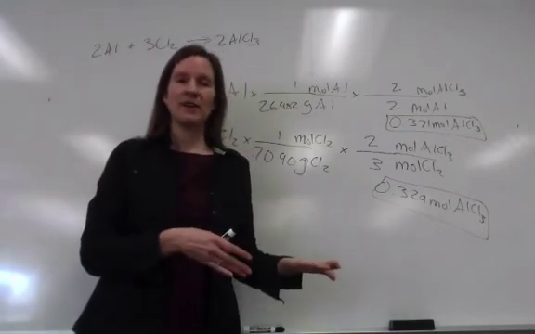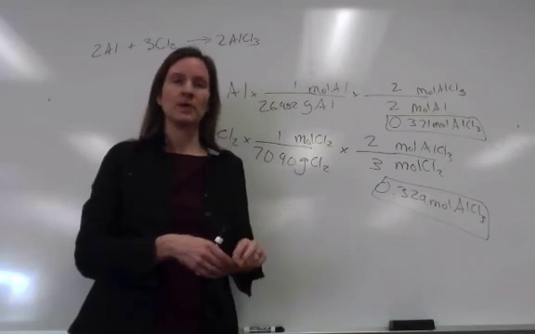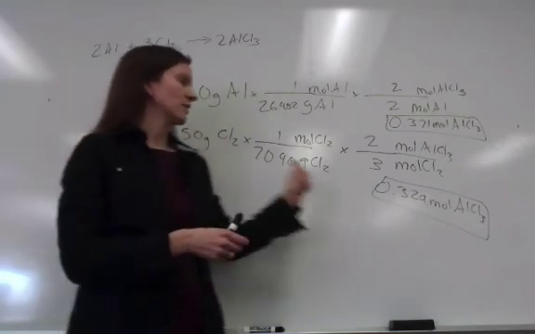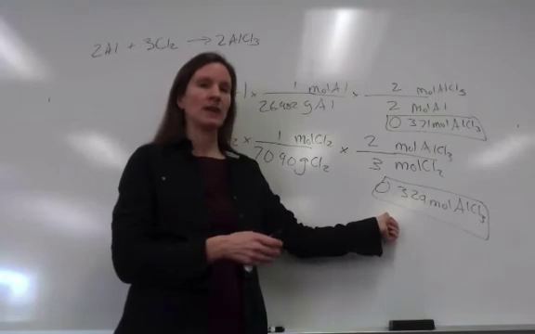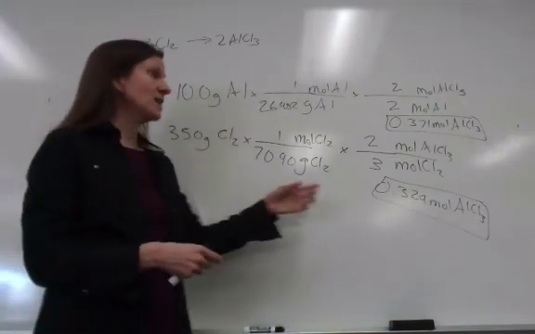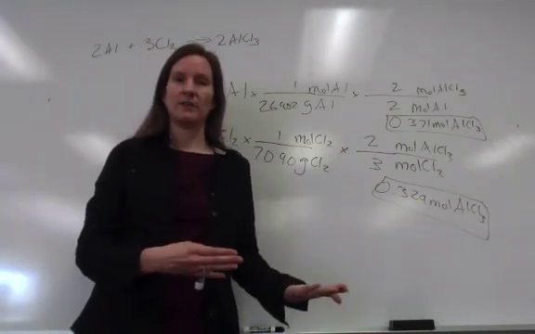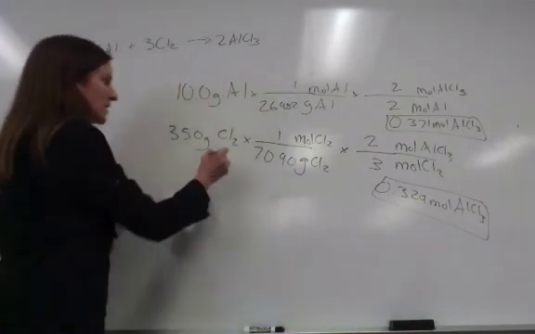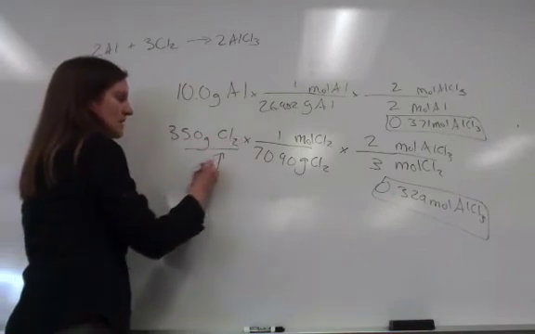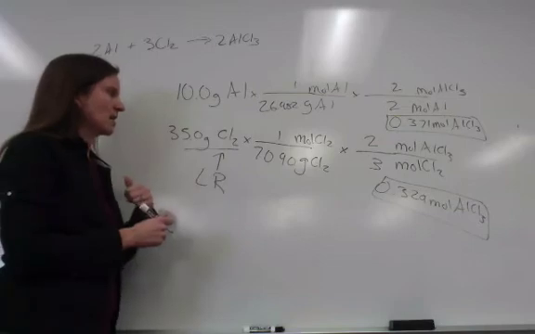You can't make 25 peanut butter and jelly sandwiches because you only have enough bread for 2. You only have enough chlorine for 0.329 moles of aluminum chloride. If you had more chlorine, you could add it back in. You could get up to this 0.371 moles, but you don't have it available. Chlorine then is my limiting reactant, which I usually just abbreviate LR.